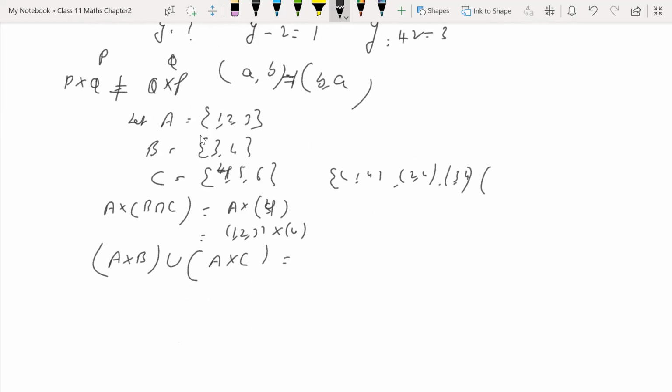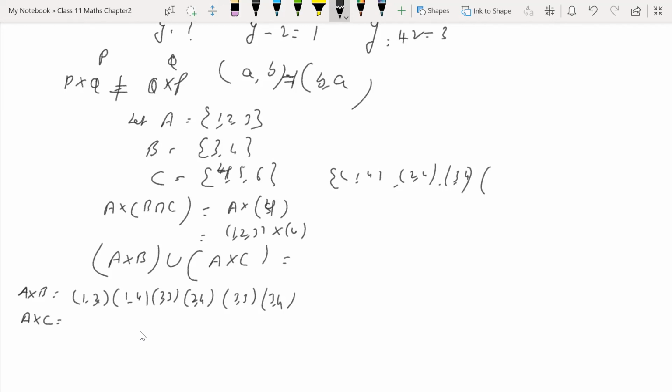Cartesian product AB, with A as 1, 2, 3: AB is (1, 3), (1, 4), (2, 3), (2, 4), (3, 3), (3, 4). This is A cross B.